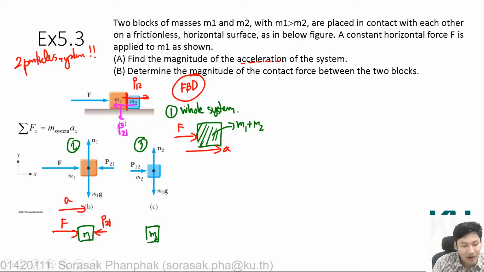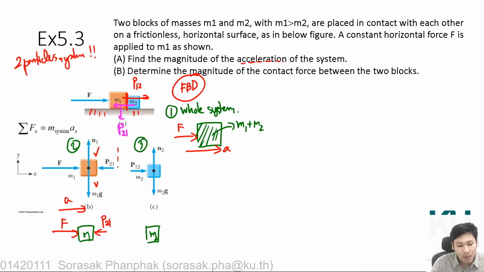If you break into individual ones, each should move in the same direction with the same acceleration as the whole system. This is what happens on the x-axis. How about the y-axis? Because the particle is not moving upward or downward, you have mg equal to the normal force that keeps this particle on the ground, on the table like this.